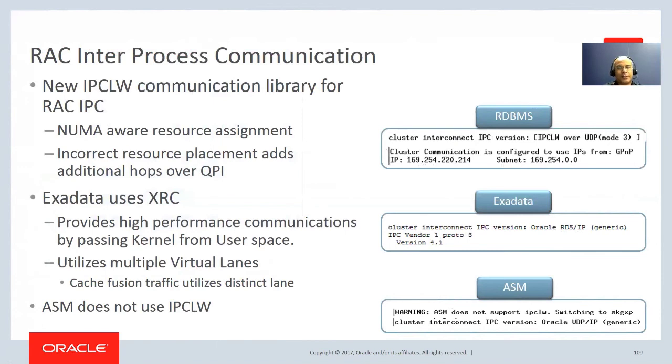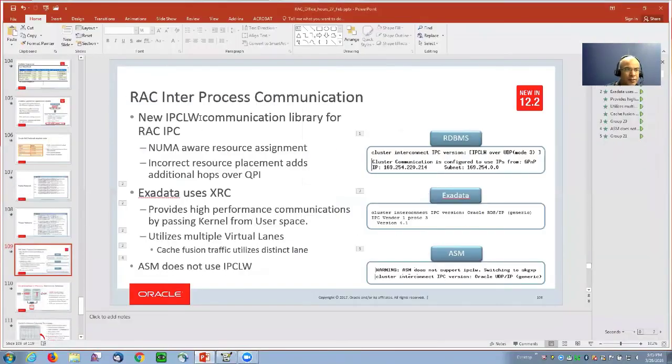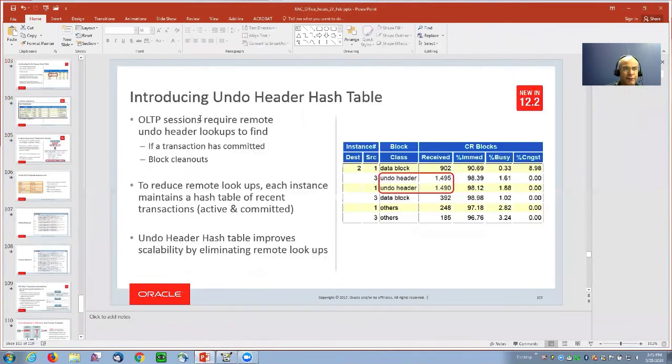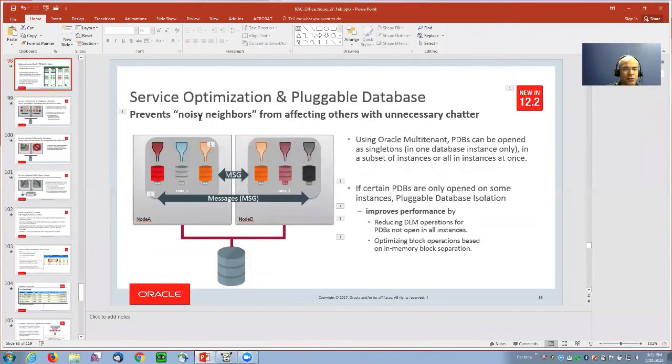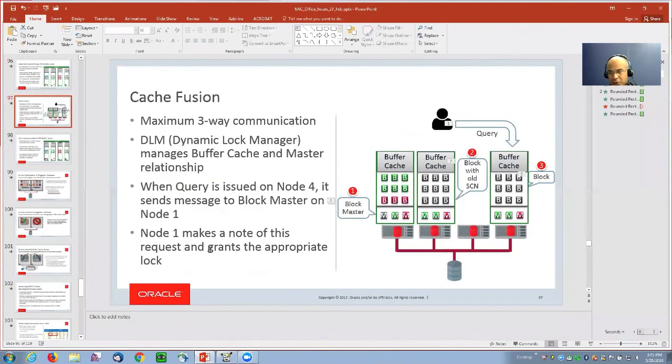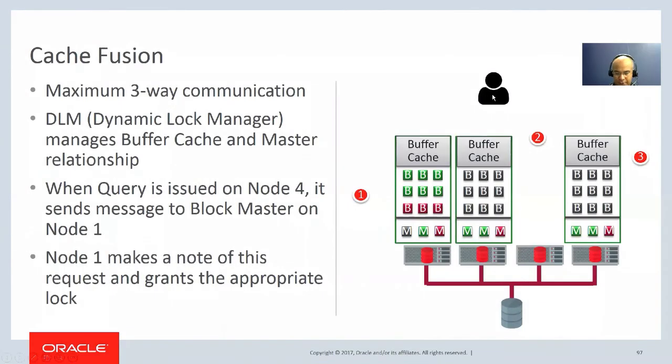Now, what happens in application continuity? There are two areas here, and although I don't have the specific slide for client failover, I'll show you here. So there you go. Let's say this guy is trying to do an insert or update or delete.